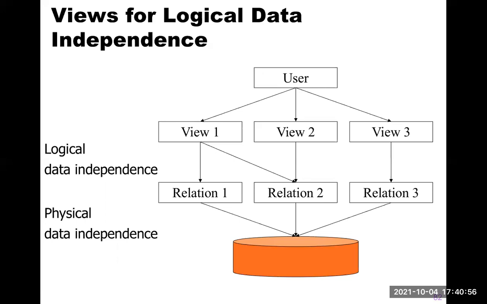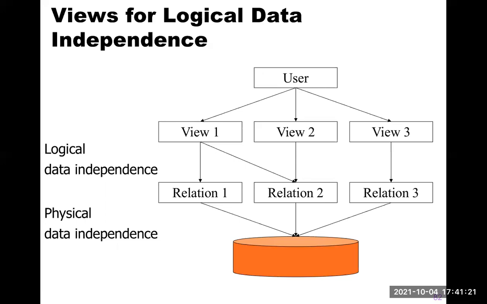If I have no views, all my programs need to be changed: all clients, desktop clients, mobile clients, and everything that accesses my table, just a single table yesterday and 3 new tables today. So I need to change code on the client side, in the front end.